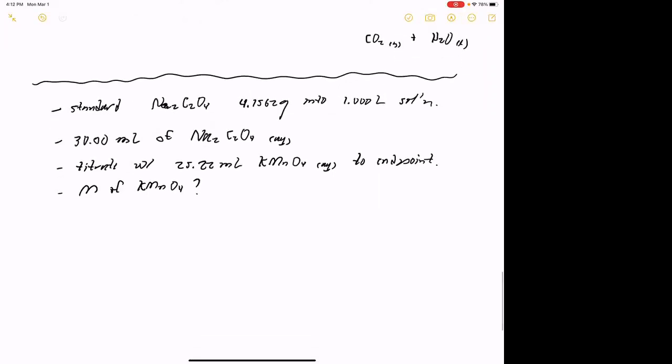So let's do that. Okay, so we got 4.1562 grams of the Na2C2O4. Now, to get to a molarity, I need to convert that to what? Moles. Moles, very good. So I need a molar mass on that. I could go to the periodic table and get that, or, in my case, you go to the internet and look it up. 1 mole of Na2C2O4 turns out to be, and I did the calculation, about 134 grams even.